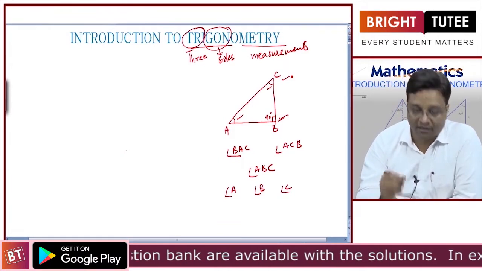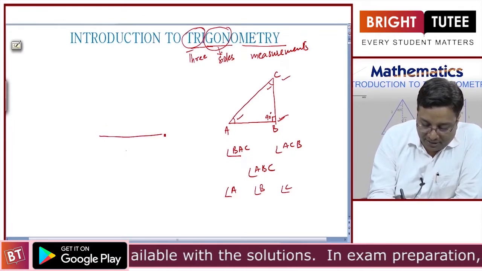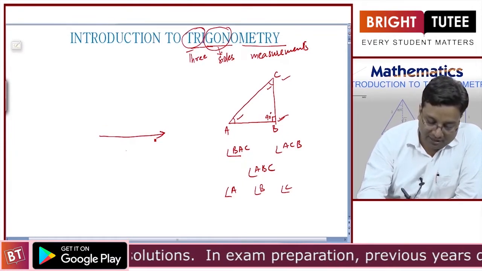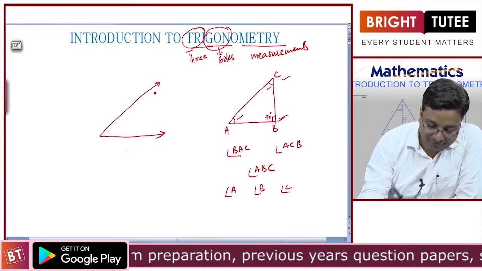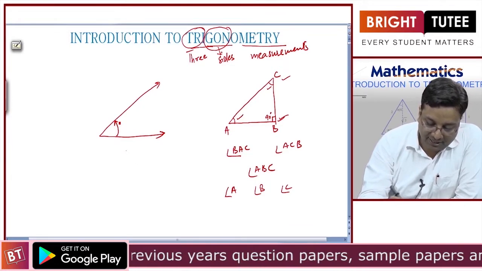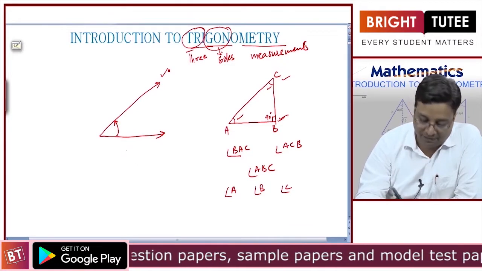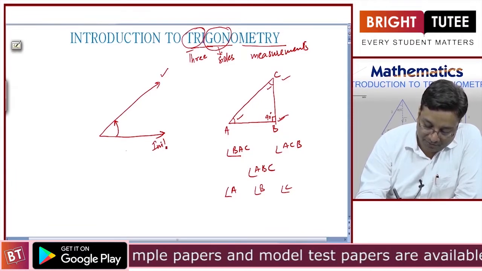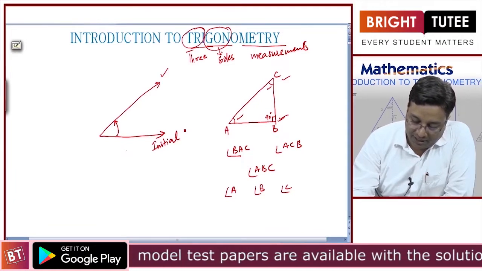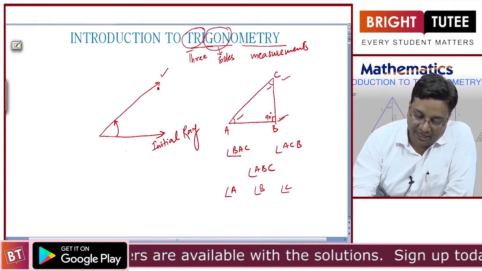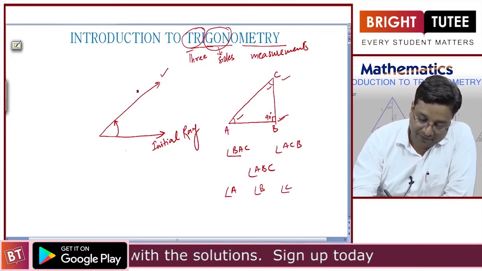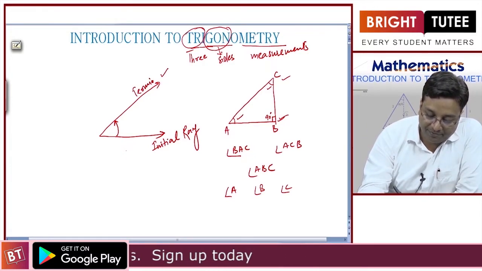And what is an angle? For example, let's take this ray here, right? If I rotate this ray like this and reach at this position, okay, this is my initial position, so I can call it initial ray, and this is my final position, let's say, so I'll call it terminal ray.